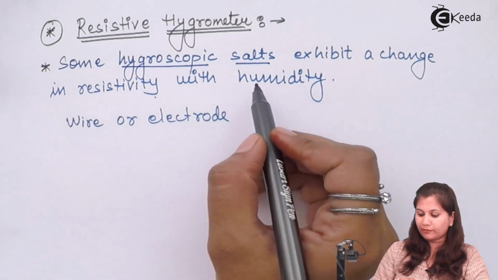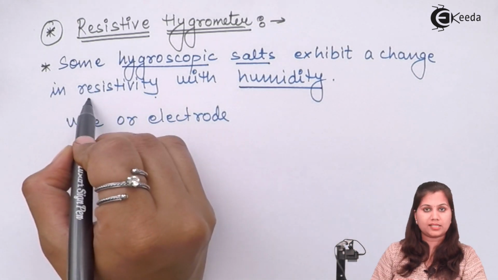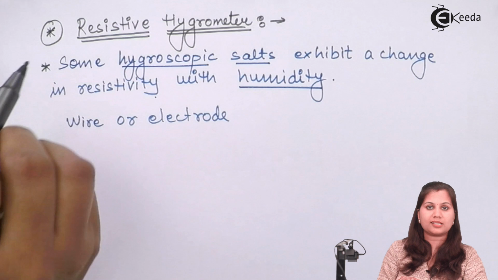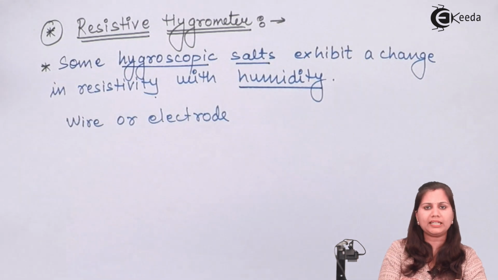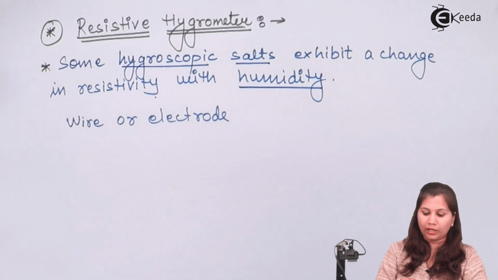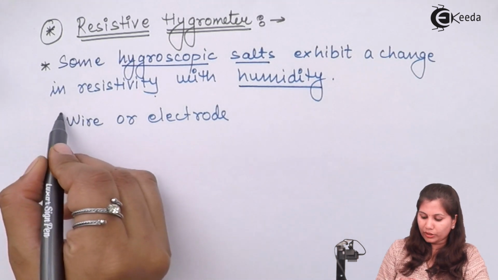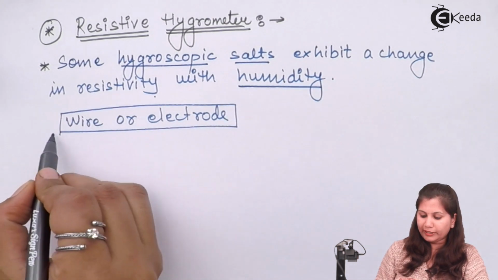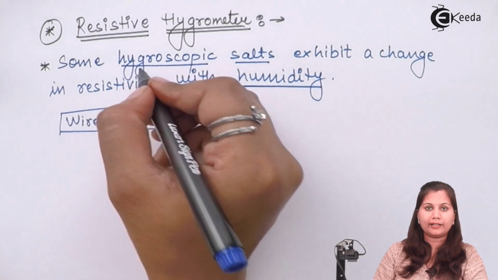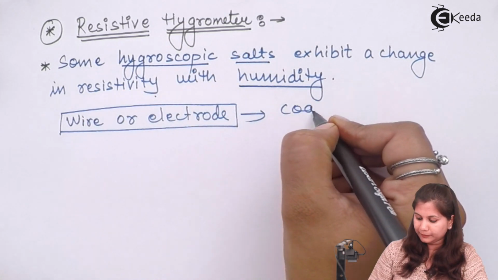Because with the change in humidity, resistance changes, and the change in resistance can be measured with the help of any electrical method like the Wheatstone bridge. So a wire or electrode is used, and that wire or electrode is coated with the hygroscopic salt.